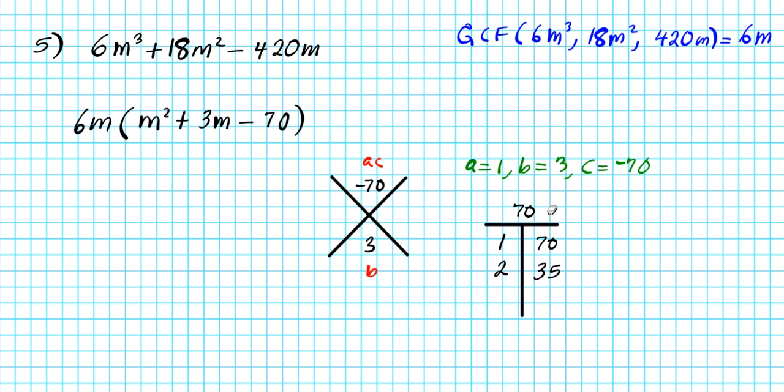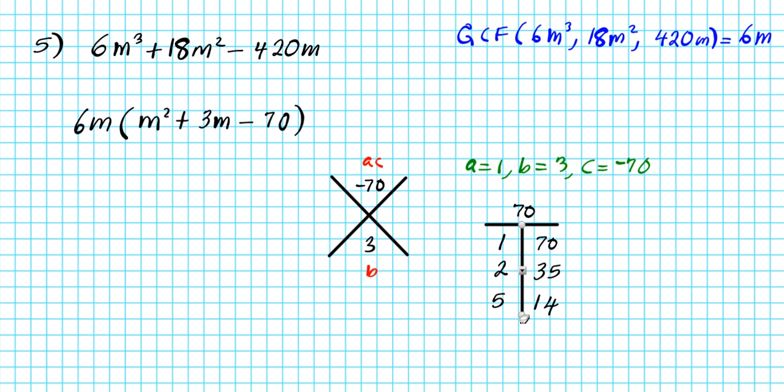3 doesn't go into 70. If you add 7 and 0, you don't get a multiple of 3. 4 doesn't go into 70 because 4 doesn't go into 30. How about 5? Since this number ends with a 0, it's divisible by 5. So 5 times what gives you 70? 5 goes into 7 once, and 5 goes into 20 four times, so 14.